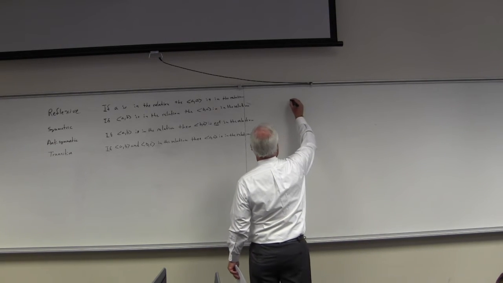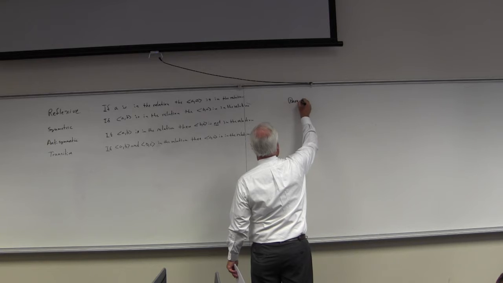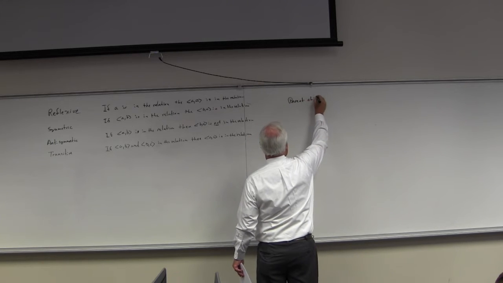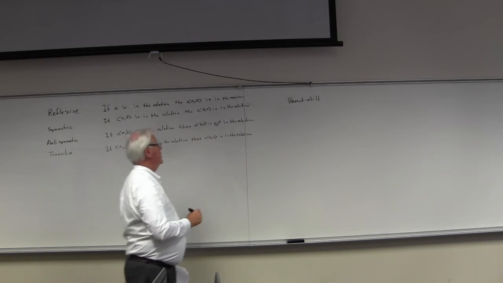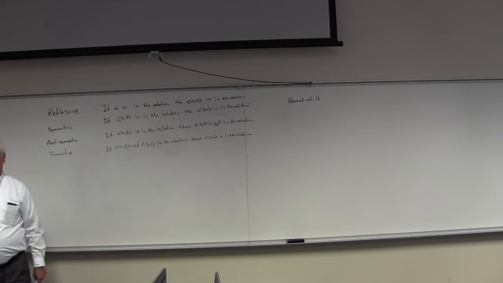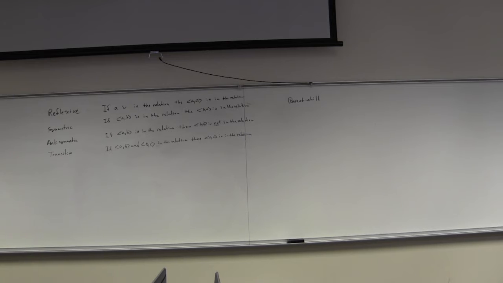Let's look at parent-child. Is that reflexive? No. Because what would reflexive mean? Each parent is their own parent? Or each child is, but we normally start with the first one.